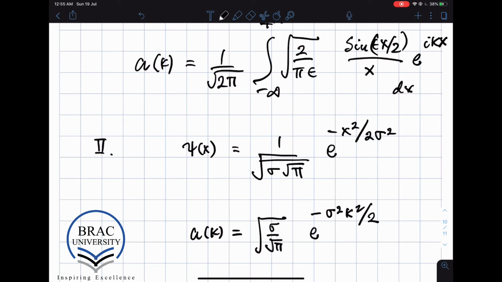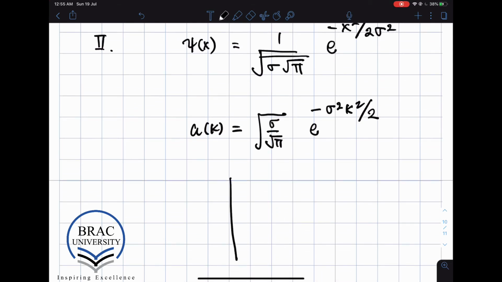So let's look at these Gaussians. The first one, which is psi, sorry, let me redraw that. So we have a Gaussian like this.